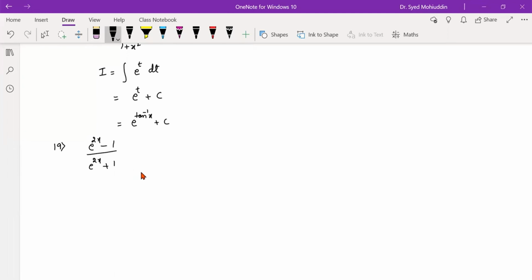What is the modification? You just try to check it over here. Suppose if I try to take d by dx of the denominator, that is e power of 2x plus 1, can we get the numerator? Or d by dx of e power of 2x minus 1, if I try to differentiate, will I get the denominator? That's the question. It is not possible, right? The question is how to get this one. That's the major problem you have.